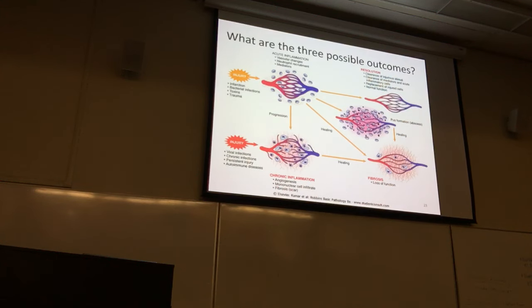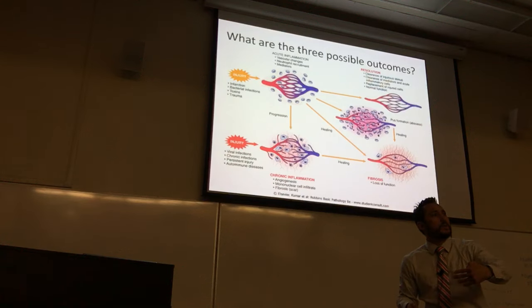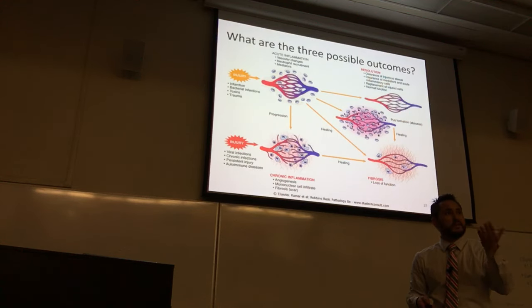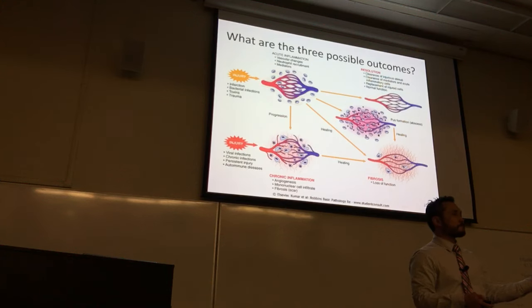This is going to be our chronic inflammation, and we see this in things like viral infections, chronic infections, persistent injuries, or autoimmune diseases. So these diseases or these injuries that stick around for a long period of time lead to a state of chronic inflammation versus acute. They never allow the inflammation to subside.